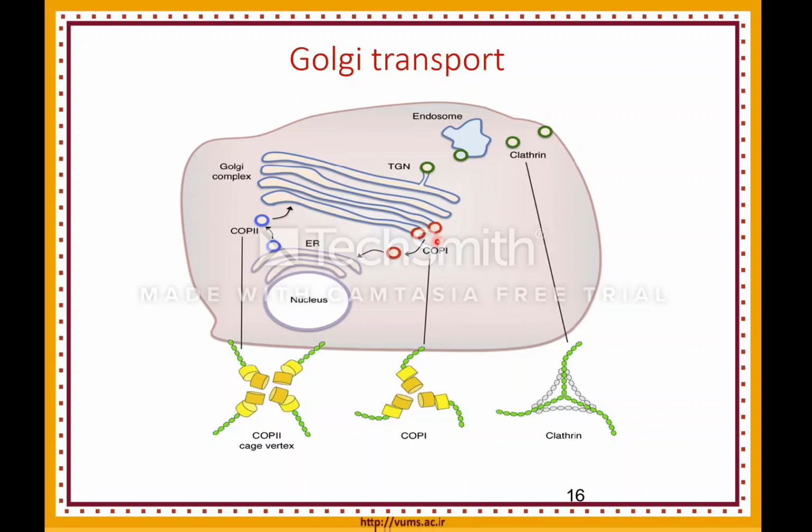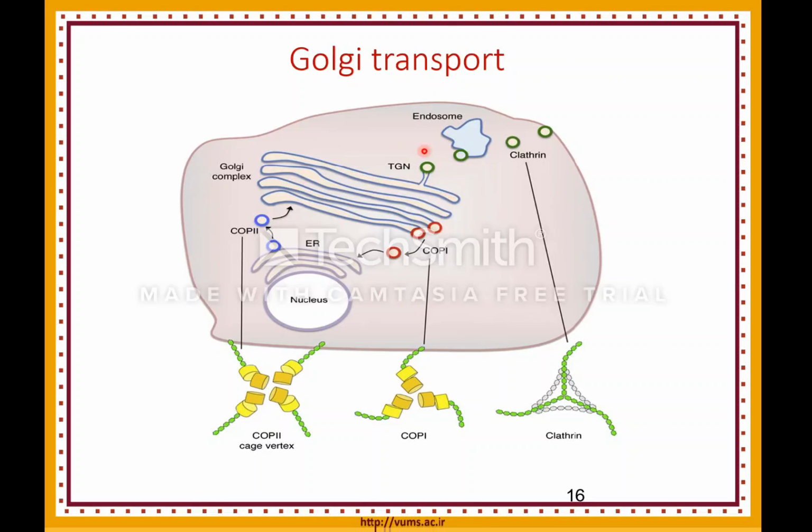As you see schematically, COP1 is involved in retrograde transportation from the Golgi apparatus to the ER, and COP2 is involved in the transport of vesicles from the ER to the Golgi apparatus.